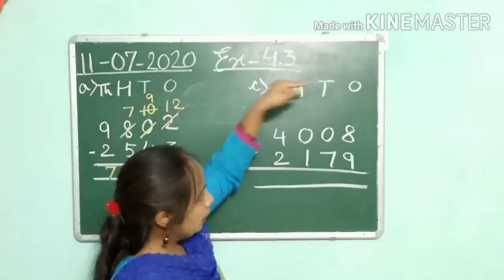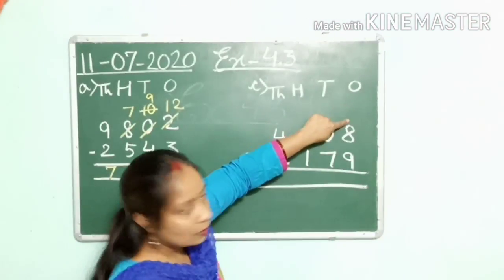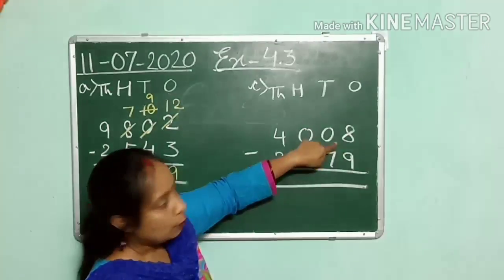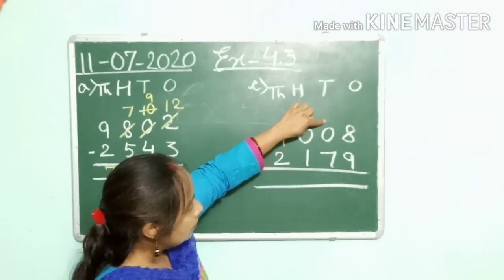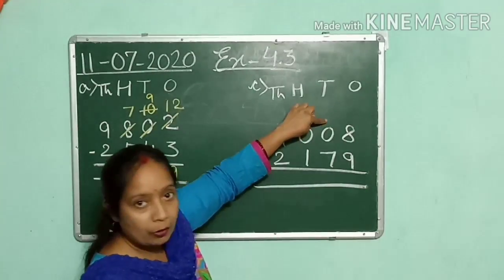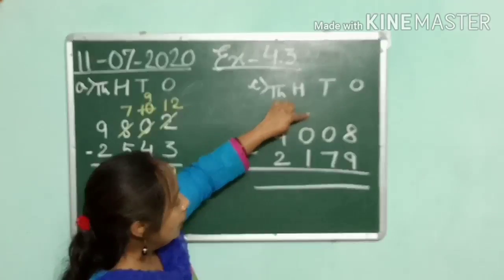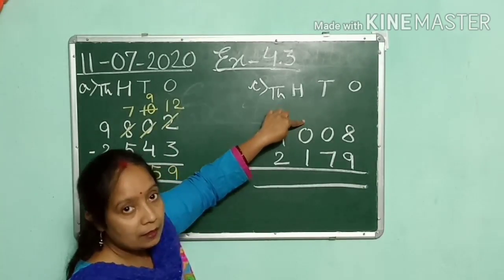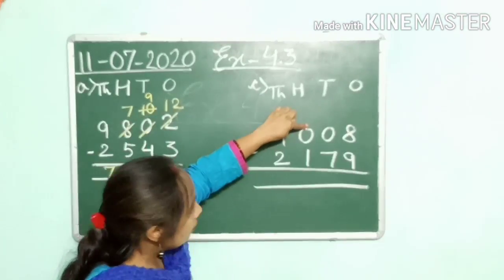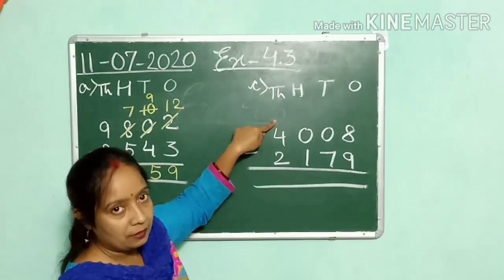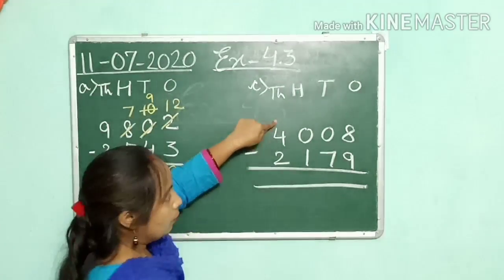Again children, you look here in question number C. Digit at the ones place. Here you have to subtract 9 from 8. So 8 will borrow from tens digit, that is 0. But 0 is again 0. Now again this tens place digit will borrow from the hundreds digit, that is again 0. So hundreds place digit will borrow from the thousands place digit. Clear? So what will happen?